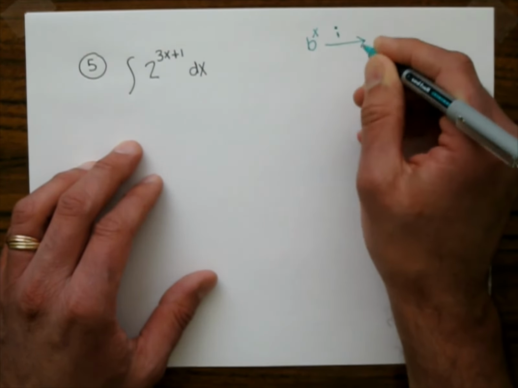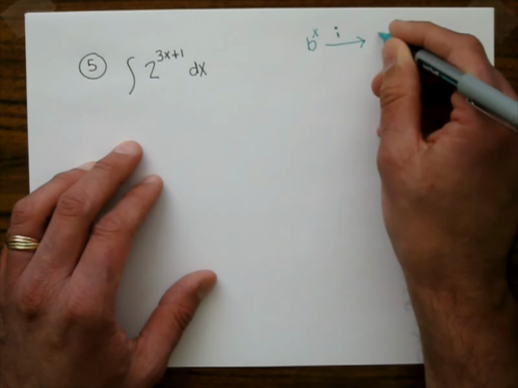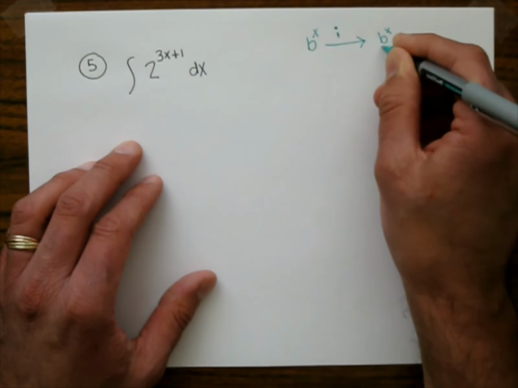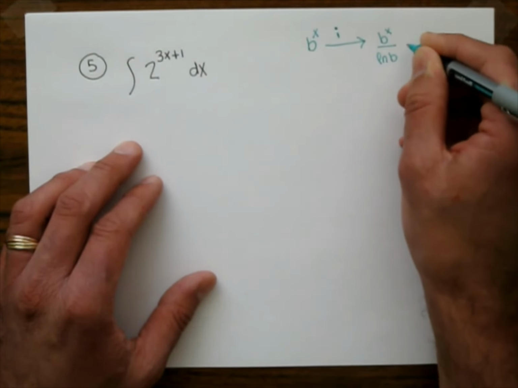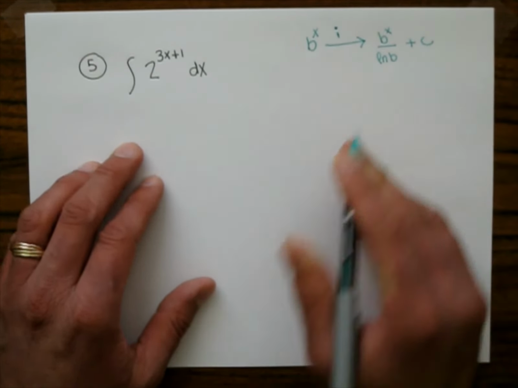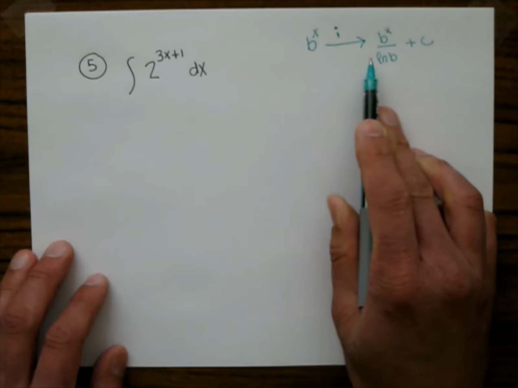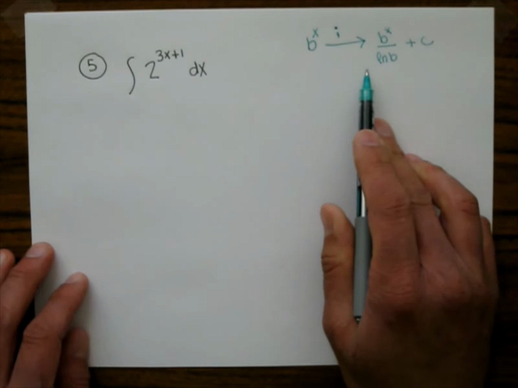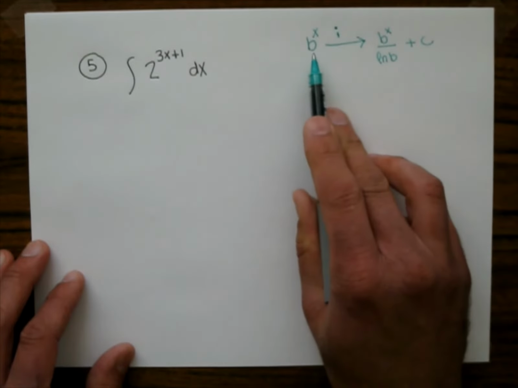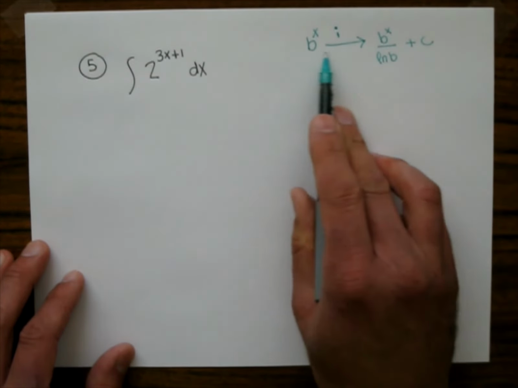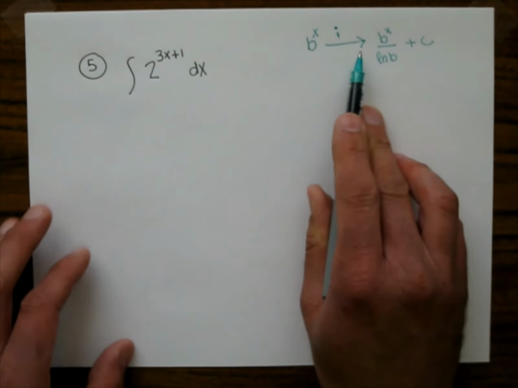We take the integral of that, we get b to the x over the ln of b plus c. Okay, so that's just a rule that, you know, when we have the derivative of b to the x is b to the x times the ln of b, and so that's where we got the integration rule from.